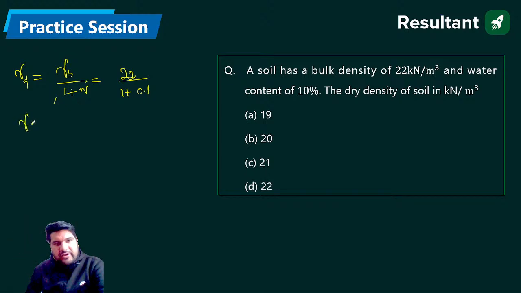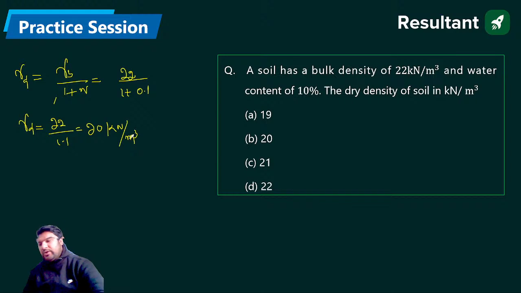So the gamma d value turns out to be 22 upon 1.1, and the value will be simply 20 kilonewton per meter cube, because the gamma bulk has the units of kilonewton per meter cube. Absolutely correct. Your correct answer will be B.